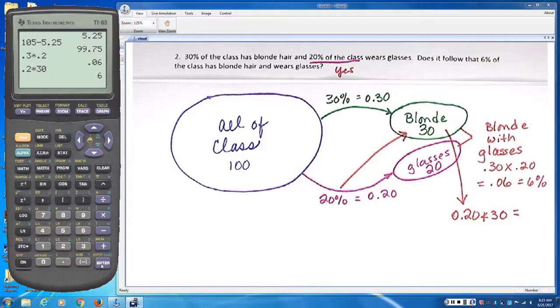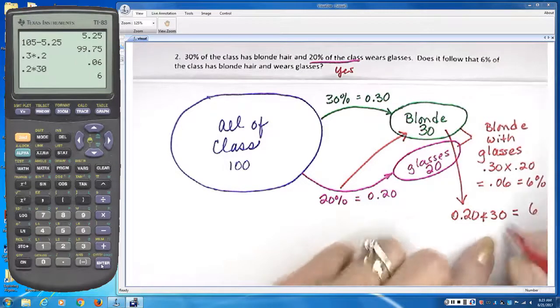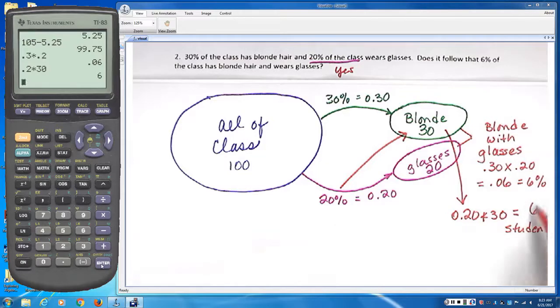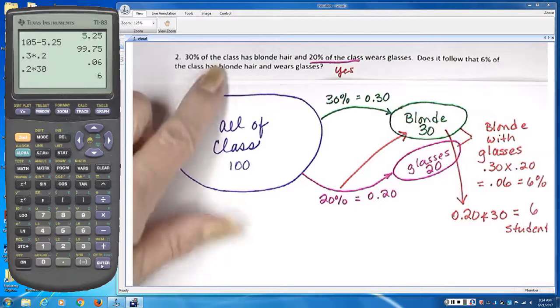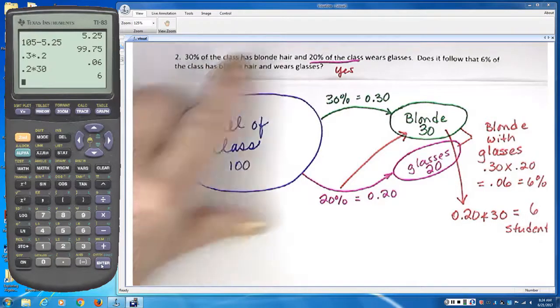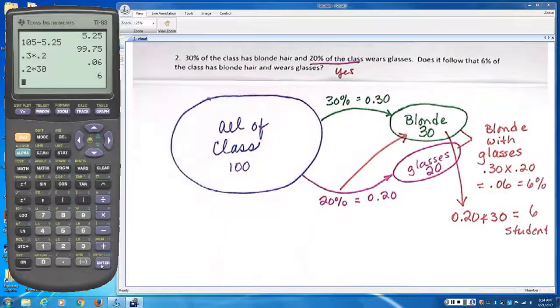And it does. So 6 out of 100 are blonde students with glasses. Okay? Read your problem and decide, is it talking about a percentage of the whole class or a percentage of just those that have blonde hair?